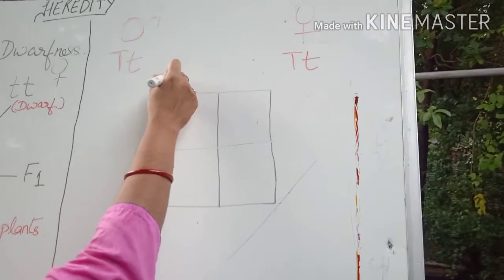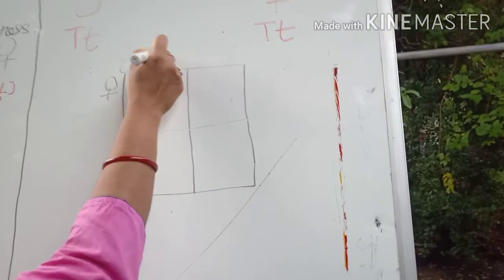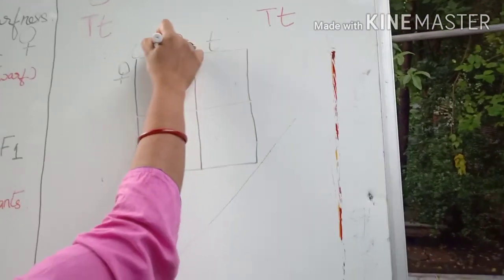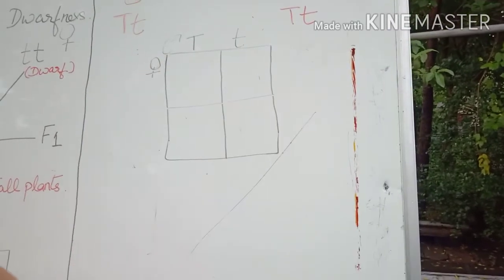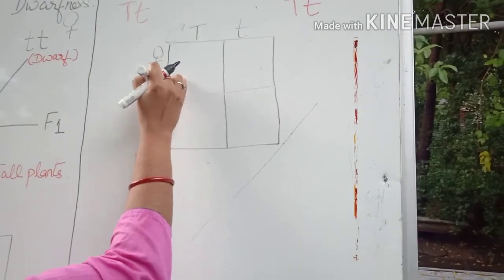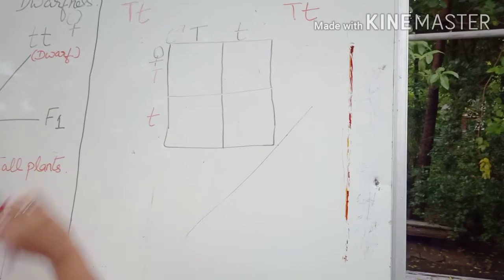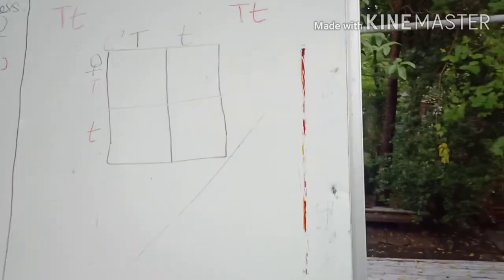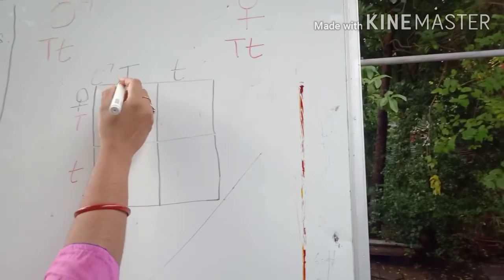Here the male is, and here I am showing the female. Suppose this will be T, this will be small t because they are heterozygous, and here also this will be capital T and this is going to be small t. Fine.